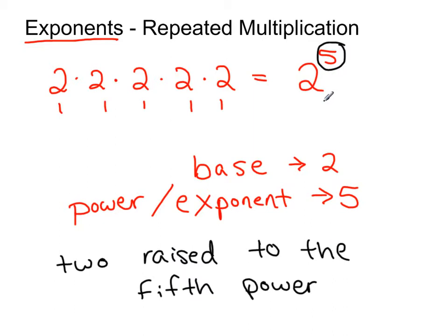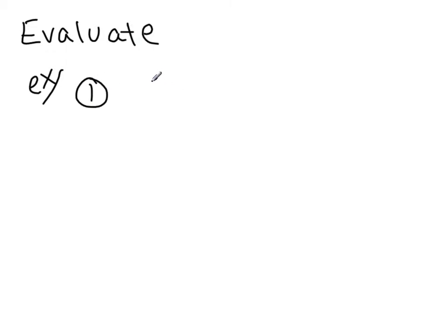Now, we might be asked to evaluate these things. So let's go ahead and say we are asked to evaluate. Let's say we got 11 squared. First things first, this means repeated multiplication.